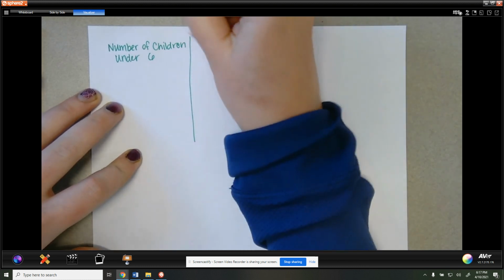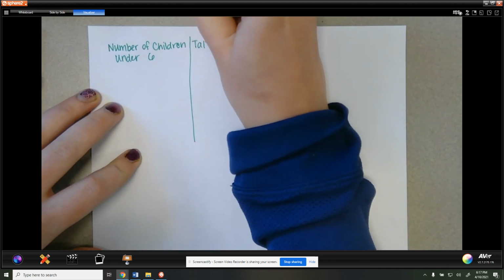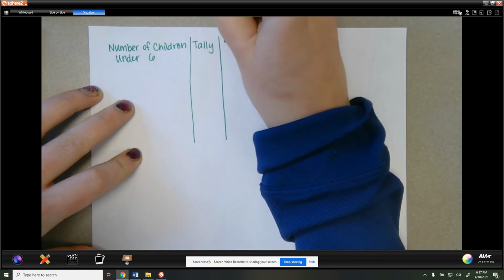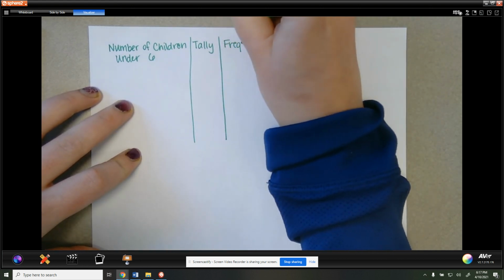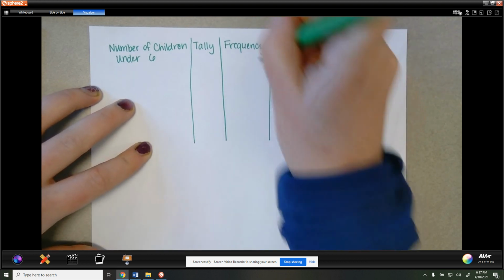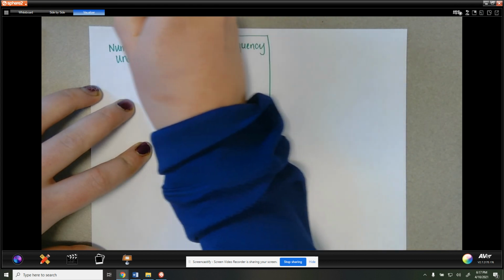And then we want to tally up how many we have of each type, and then find the frequency, which is just writing the number instead of the tally. Let's try to do a way that we can show both of these at once.